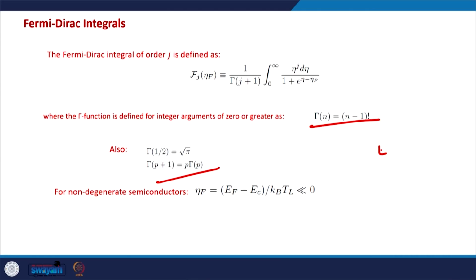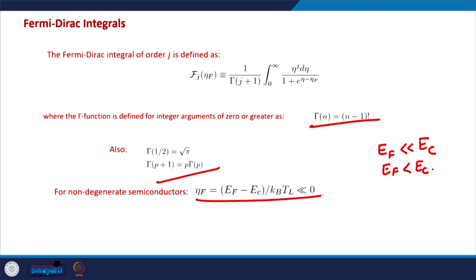In that case the semiconductor is known as a non-degenerate semiconductor, and generally the Fermi level is way below the bottom of the conduction band. So in non-degenerate cases, EF is less than EC generally, or at least EF should be sufficiently below EC.